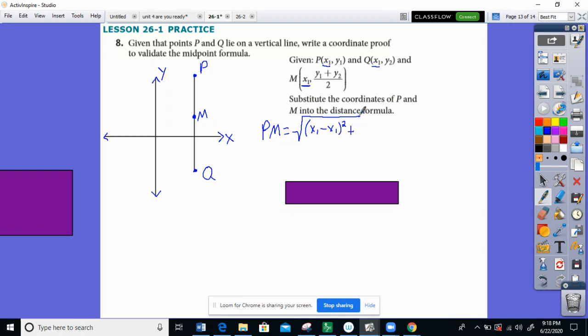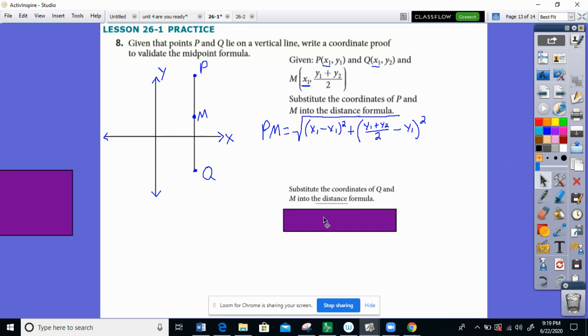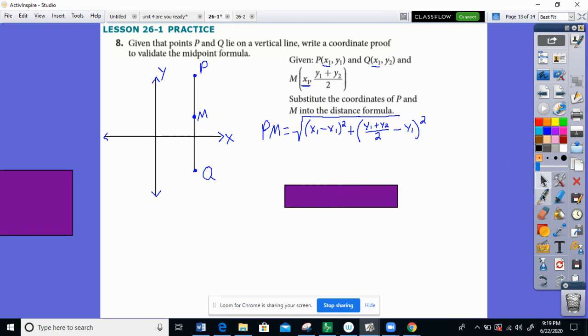Plus, let's go ahead and do y1 plus y2 over 2 minus y1, and that's supposed to be squared. Well, the good news is this just goes away to 0, right? x1 minus x1 is 0.